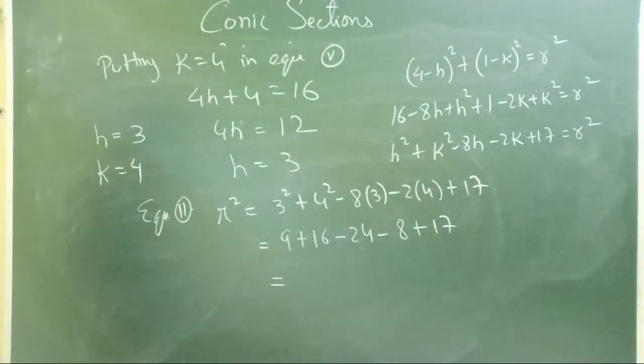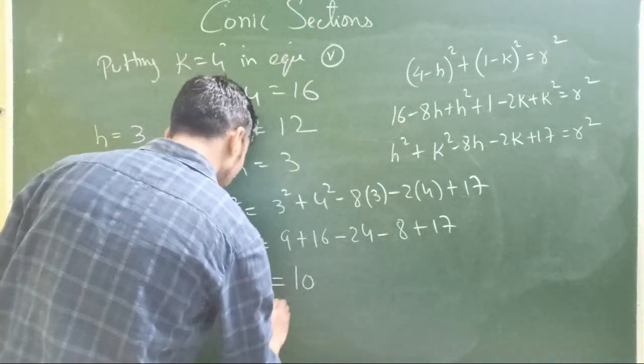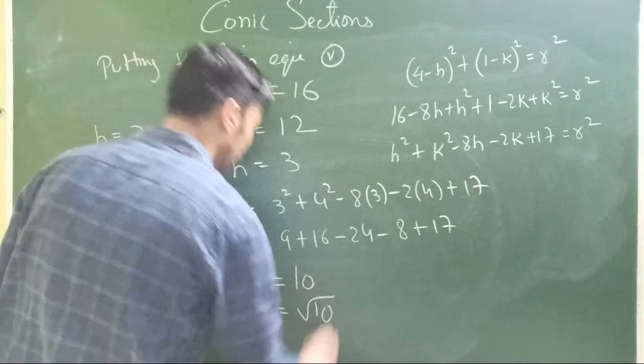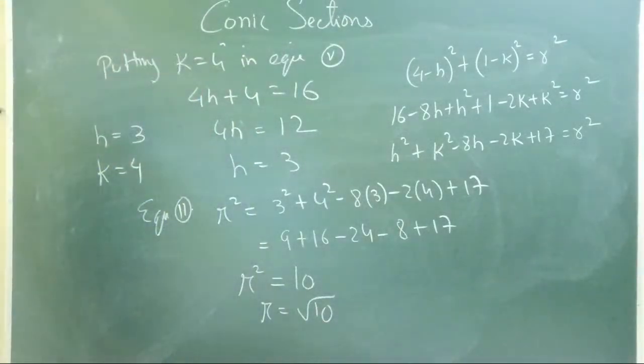Don't be surprised with whatever value you get. So we have r square as 10. So the r value will be root over of 10. No problem. Let it be. Don't worry about that.